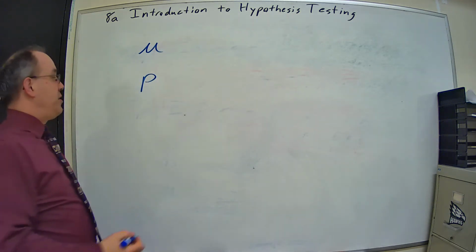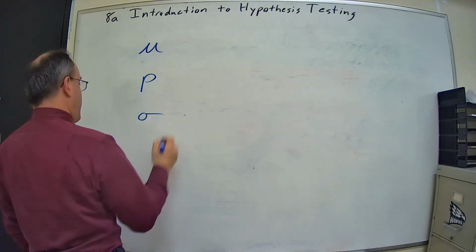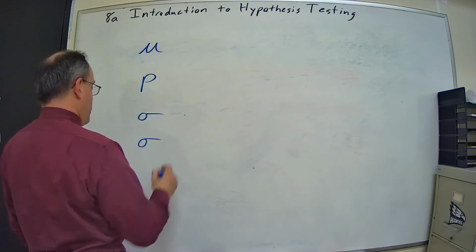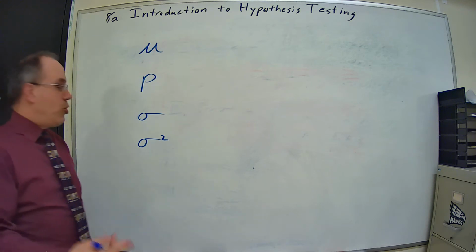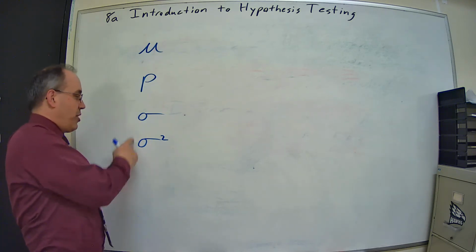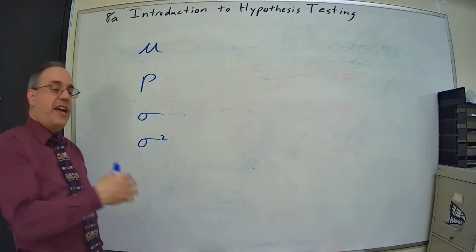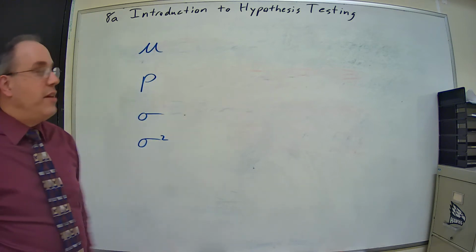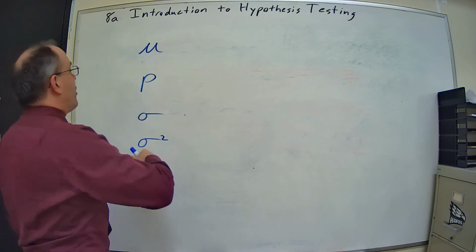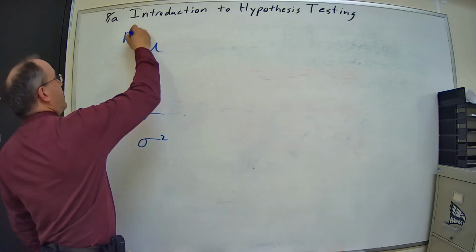Or we may even deal with claims about the population standard deviation or the population variance. Now in this course, we're not going to deal with hypothesis testing for these two, but I am going to state what we're doing with this. So these are the population parameters.